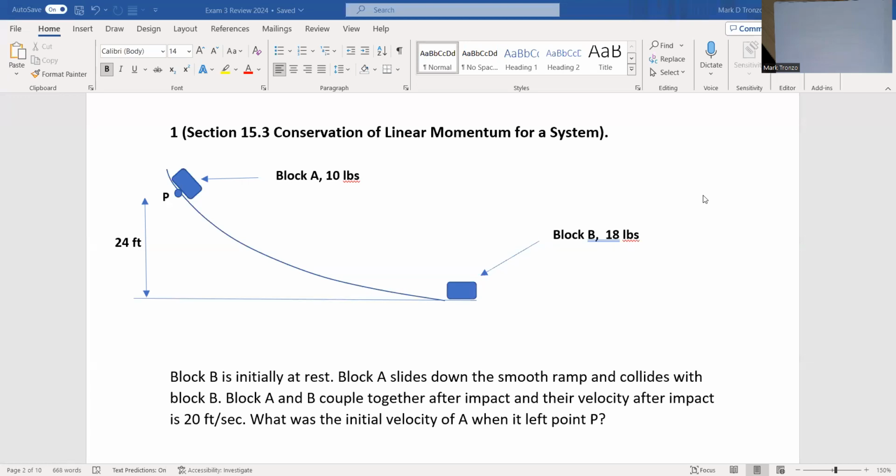So let's take a look at this. We're going to have to work backwards in something like this, since we're given the final velocity.